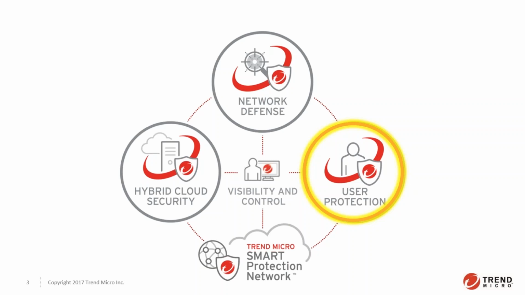Hybrid cloud security is more around protecting your servers, your physical, virtual and cloud servers wherever they are, and the network defense piece is looking at protecting your network, giving you visibility across what's happening, looking at the traffic and analyzing all that. So it's all connected. Any product from one set can talk to the other. But for today, we'll be talking about the user protection side, and the product would be cloud app security. Next slide, please.